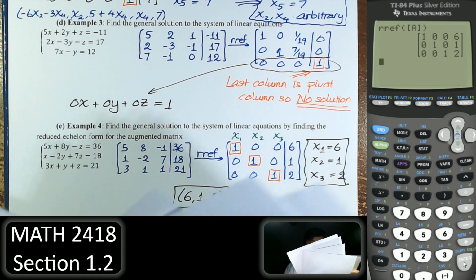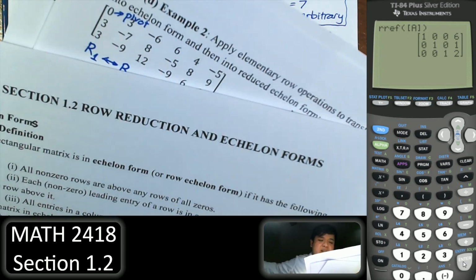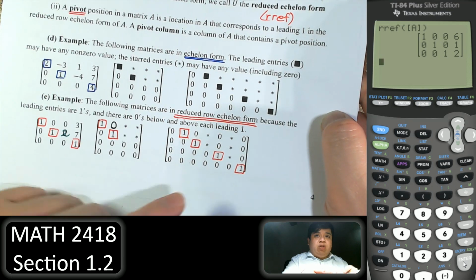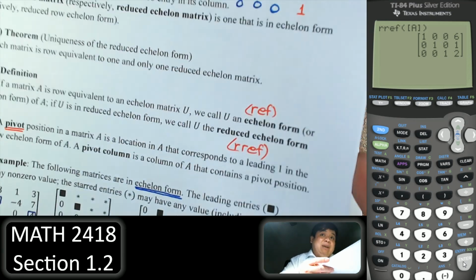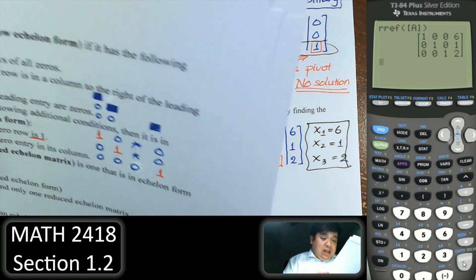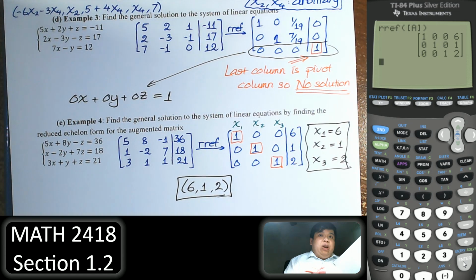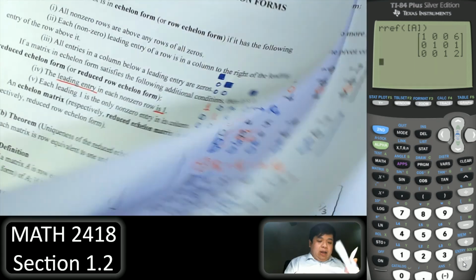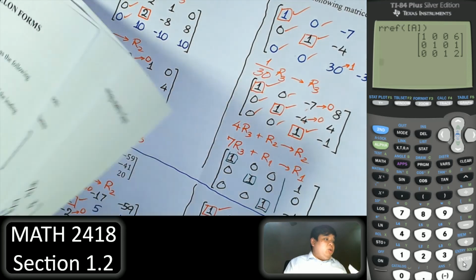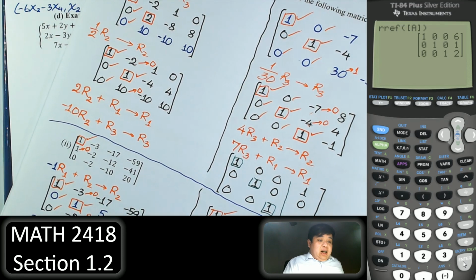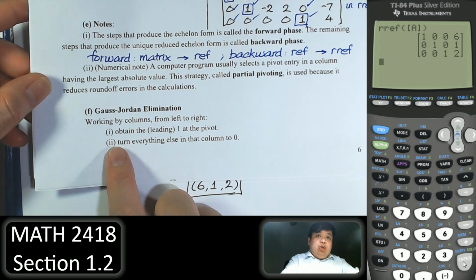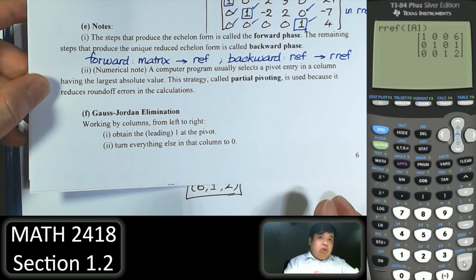The other thing is to distinguish between the echelon form and the reduced row echelon form. That's important in this section, but after that we don't really need it, because like I said, the calculator just goes straight to reduced row echelon form, so we do that most of the time. And the most efficient way, if we do it by hand, is to use Gauss-Jordan elimination to turn the matrix into the reduced row echelon form.